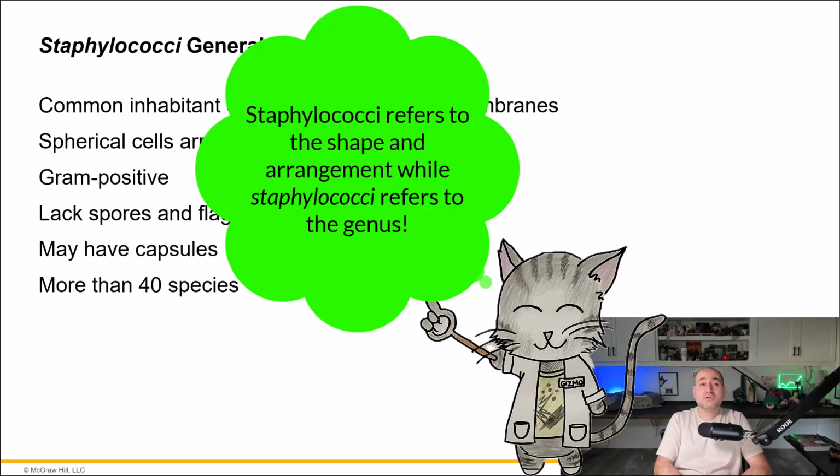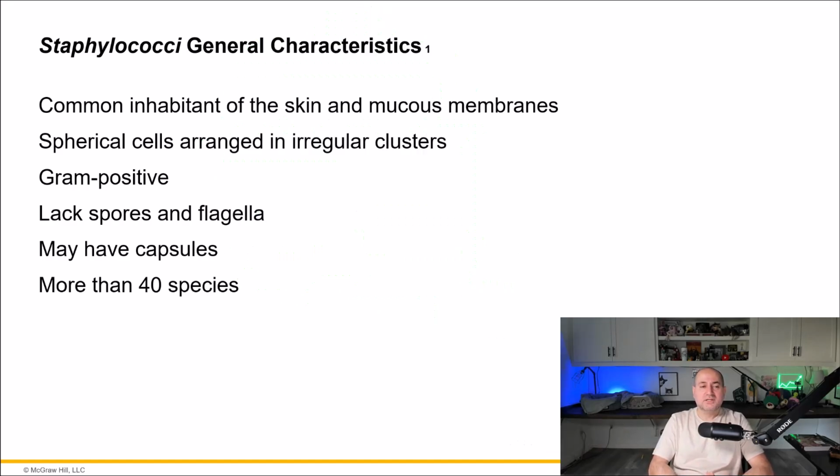So Staphylococcus is a common inhabitant of your skin and mucous membranes. These are spherical cells arranged in irregular clusters. That's what staphylo means, and then coccus means spherical cells. Staphylo means irregular clusters or grape-like clusters. These are gram-positive.